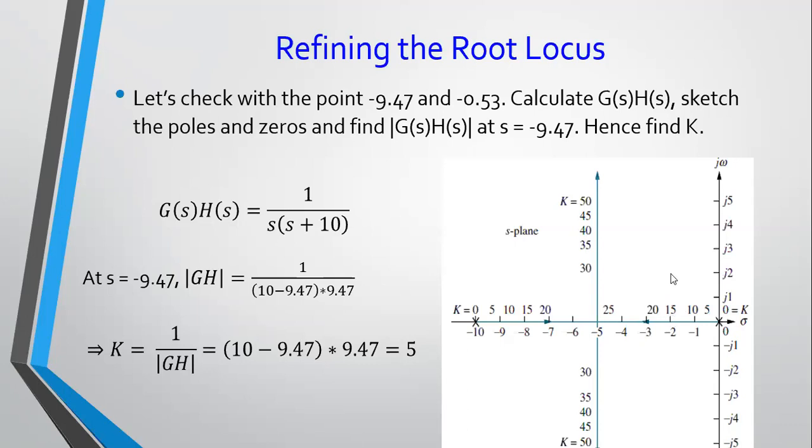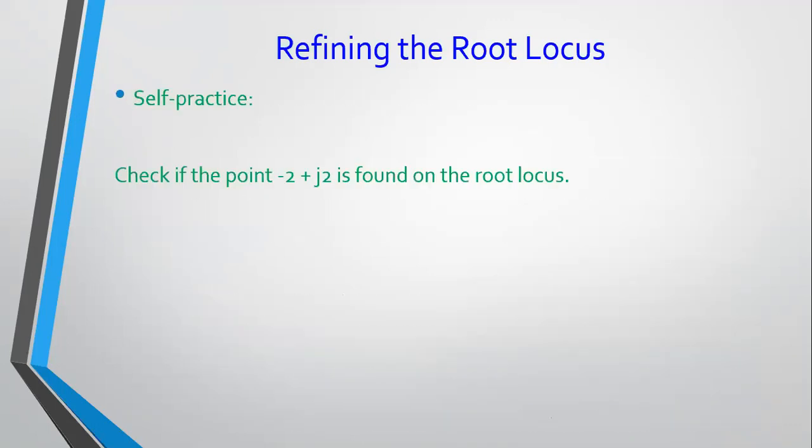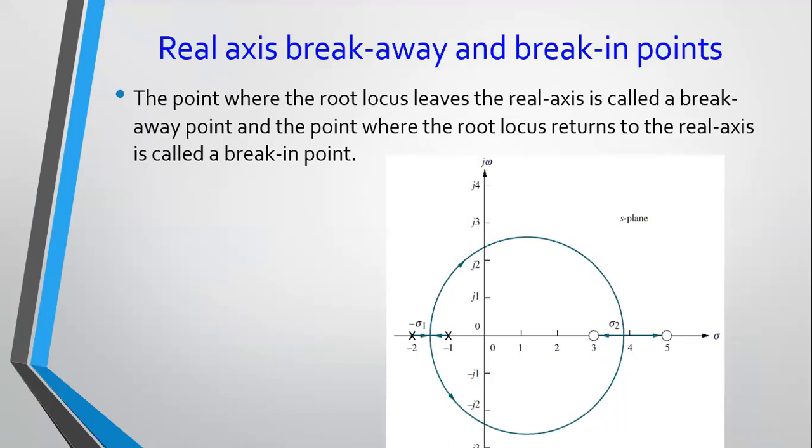You simply put the point of interest here, link this point to the two poles that you have, calculate the two angles you obtain, and then take the sum of them. Again, you don't have any zeros, so no positive angles; both angles will be negative. The sum of these two angles would not be equal to plus or minus 180 degrees. If that's the case, it means that point is not on the root locus. This is left as safe practice for you.